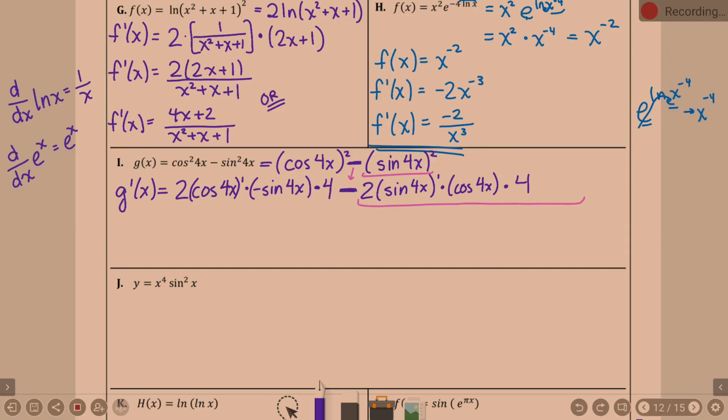Now, cleanups. Are there some cleanups, I'm guessing? On the first piece, I see a 2, a 4, and a negative that I can put together. So I'm going to say negative 8 cosine 4x sine 4x.